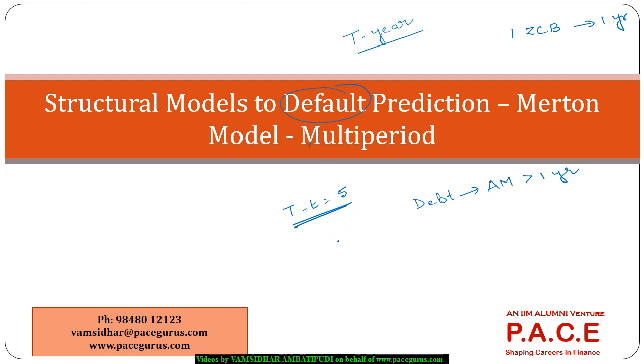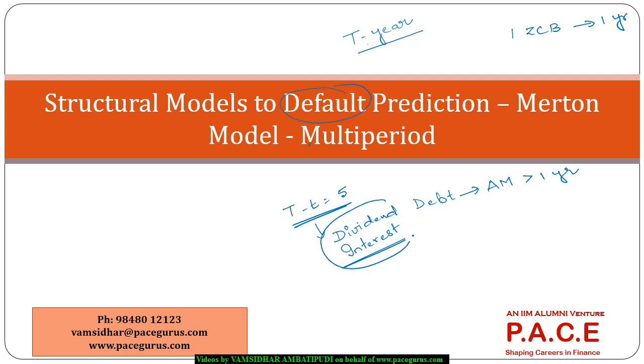But a few additional things I may have to consider: during this period there is a chance that dividends might be declared to the equity investors or interest might be paid to the creditors. So there are some kind of interim payments.